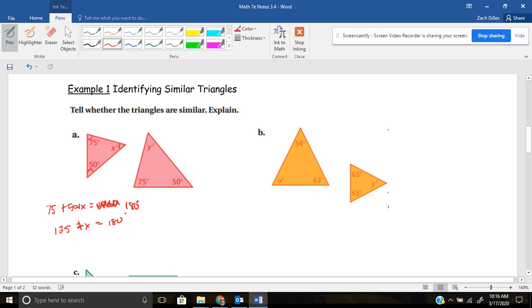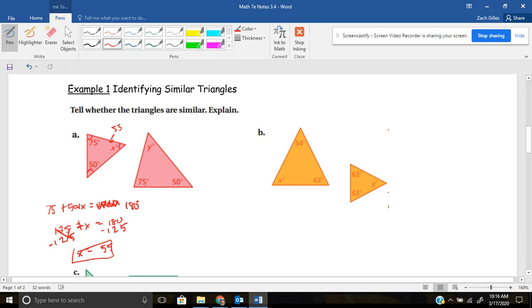Then I would solve by subtracting 125 on each side, and I would come up with X equals, and what is 180 minus 125? That would be 55. So let's just double check. Is 55 plus 75 plus 50 equal to 180? And yes, it does. So this angle would be 55.